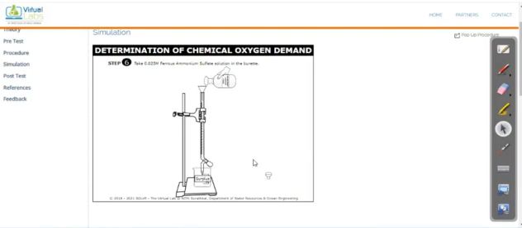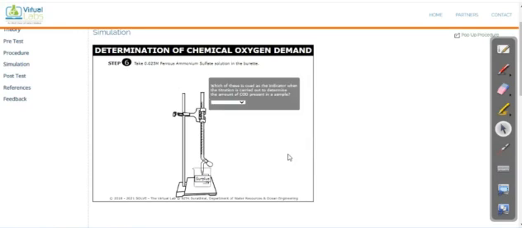Pour the ferrous ammonium sulfate, which has 0.025 molarity, in the burette. Click here, remove the funnel.